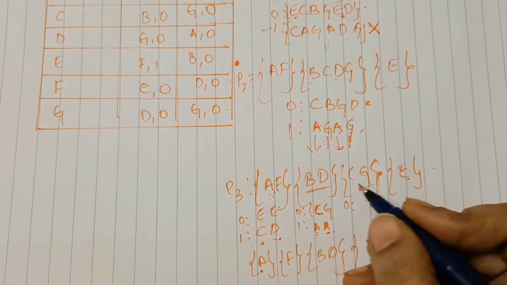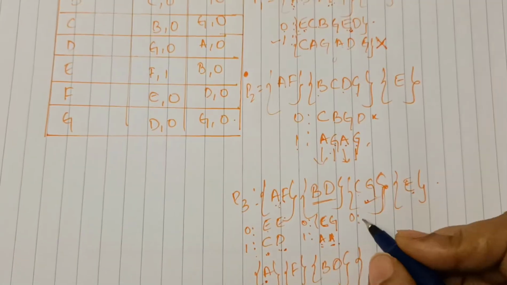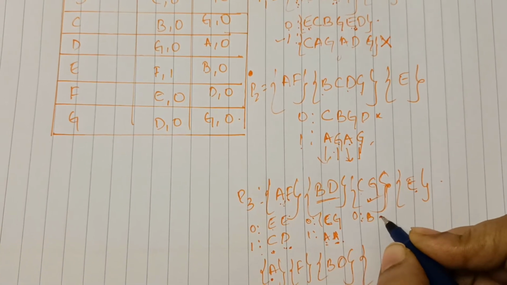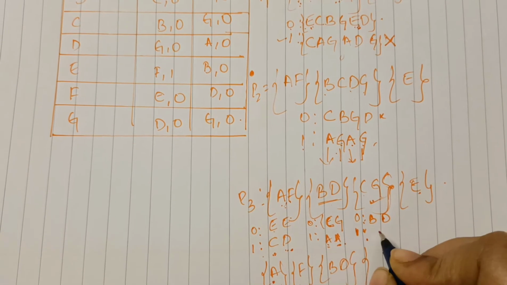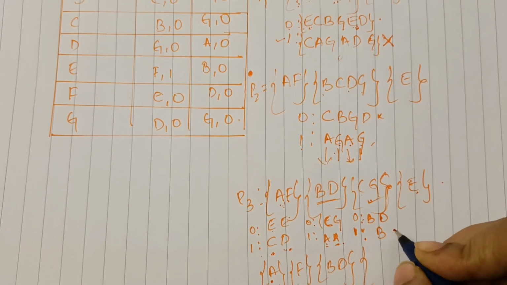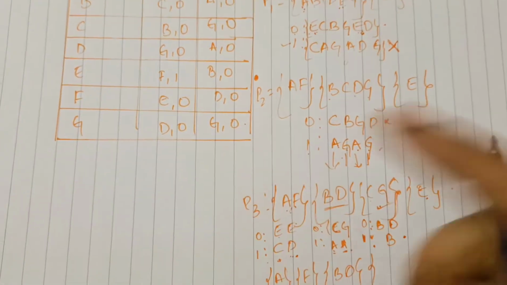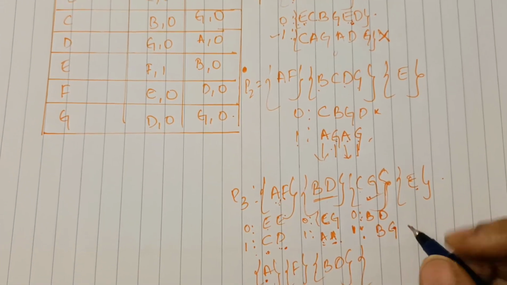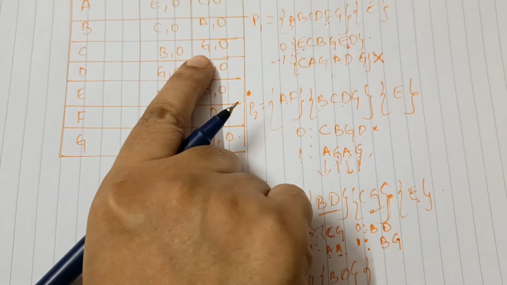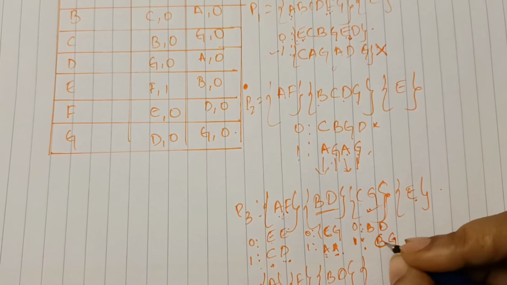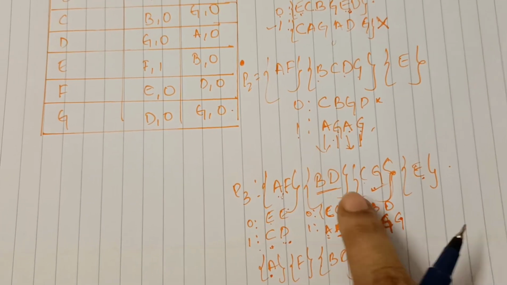For CG, at the 0 condition C is B, and G became D. At the 1 condition, C became B, G became G. So G are separate.